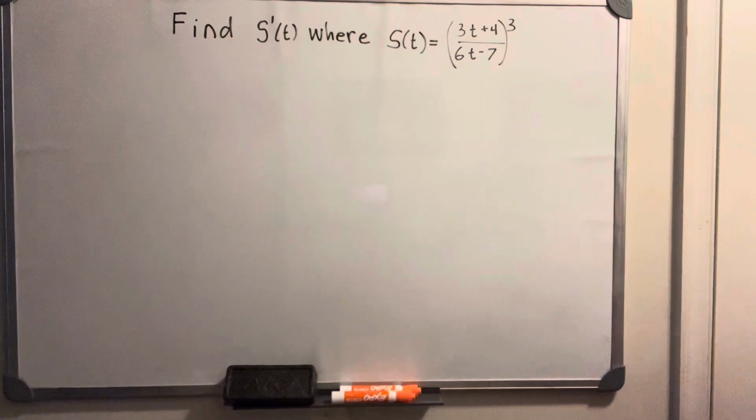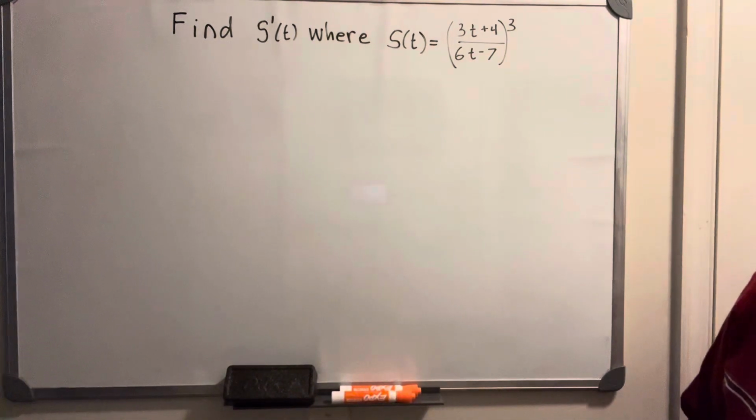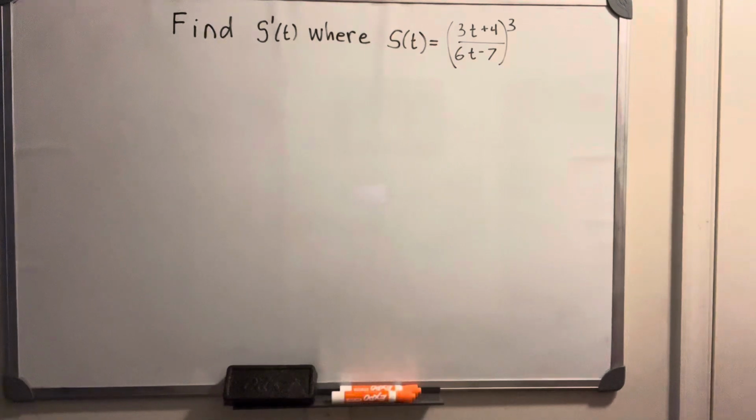This problem says find s prime of t, where s of t equals the quantity 3t plus 4 over 6t minus 7, cubed. Now think about the chain rule as you're looking at this problem. What type of substitution would you make to make this simpler?